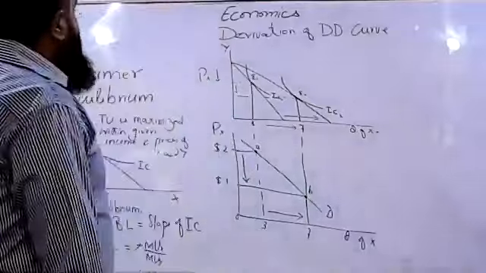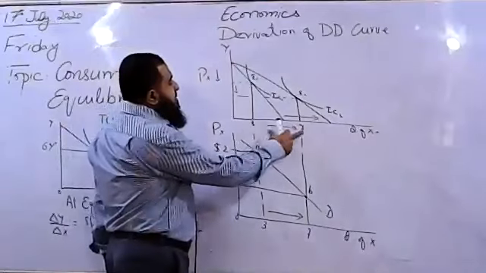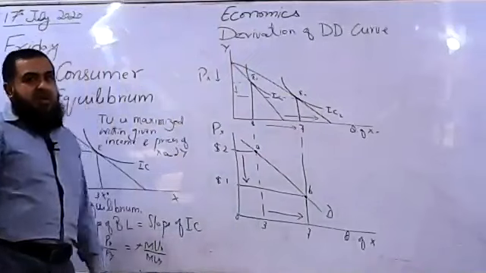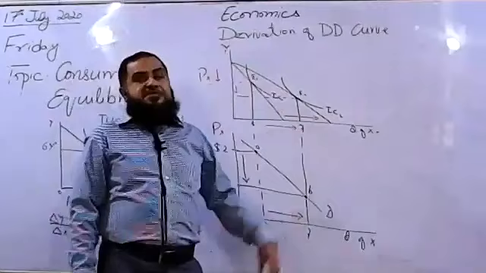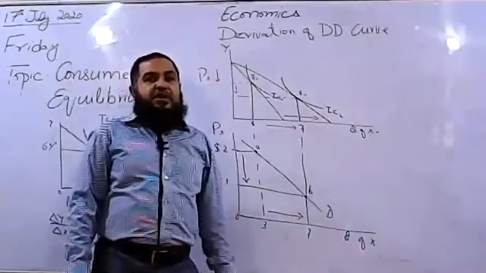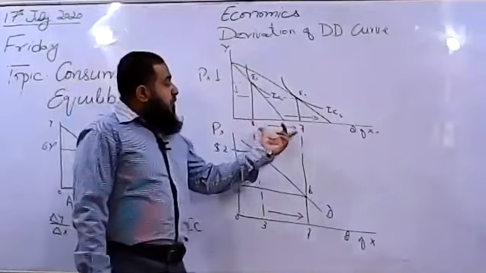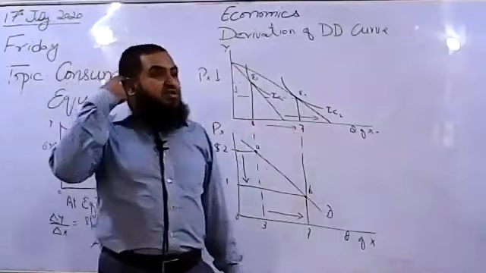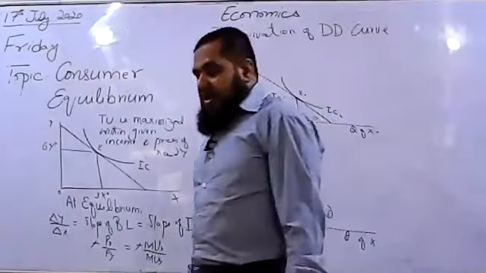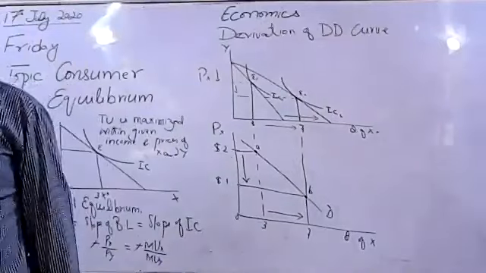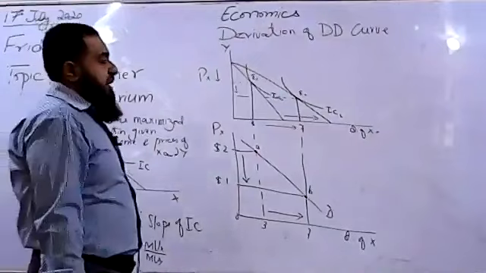That's all. Now if I say the consumer is increasing his consumption from 3 units to 7 units of X, actually he is substituting Y with X. He is substituting some of the units of Y with the quantity of X. So when the consumer is substituting a commodity whose price hasn't changed with one whose price has gone down, this is called a substitution effect.